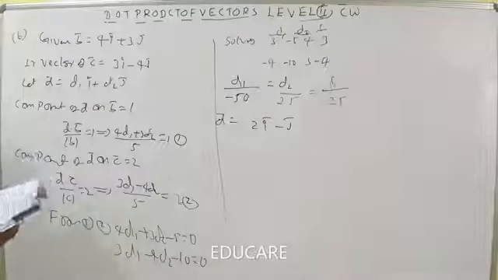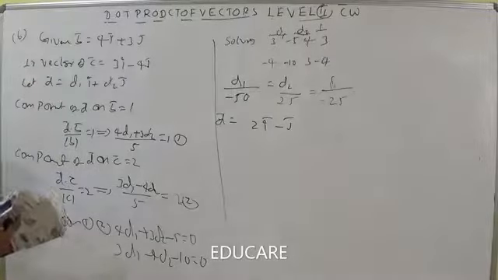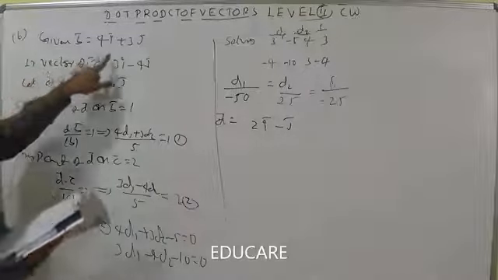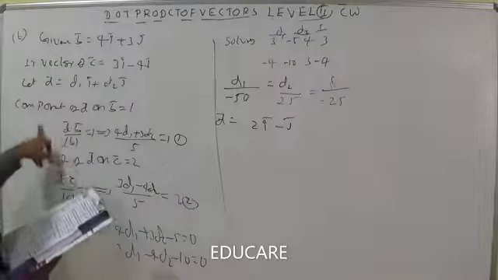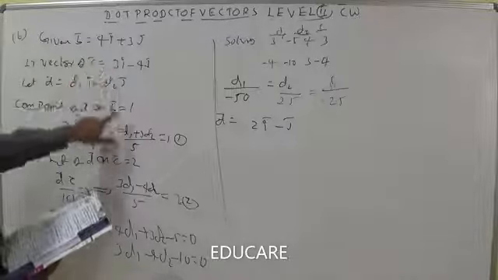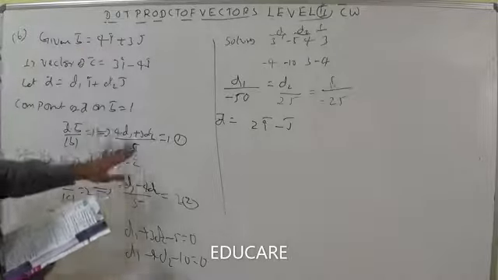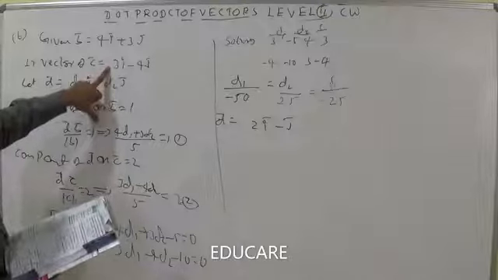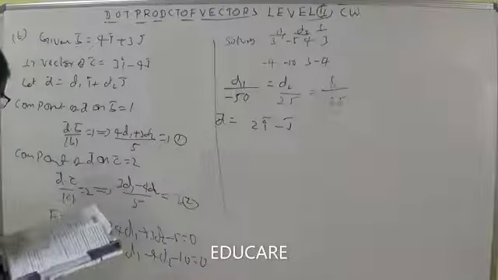B equal to 4i plus 3j, vector given. A vector perpendicular to each, in the xy plane, is a vector C bar. I thought this one as 3i minus 4j, we can think, no problem. The component of D bar on B bar is 1: 4D1 plus 3D2 by 5, mod B, it's okay, is equal to 1. And 3D1 minus 4D2 by 5 is equal to 2, it's also okay.